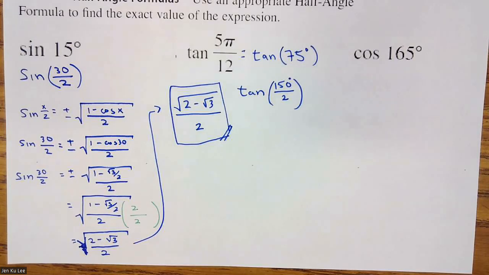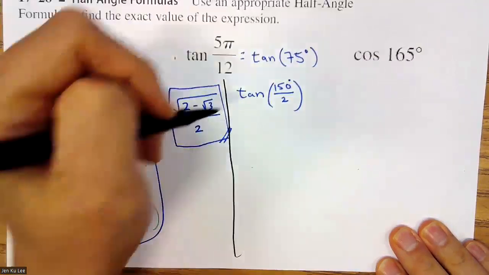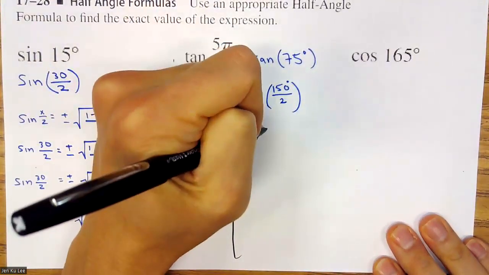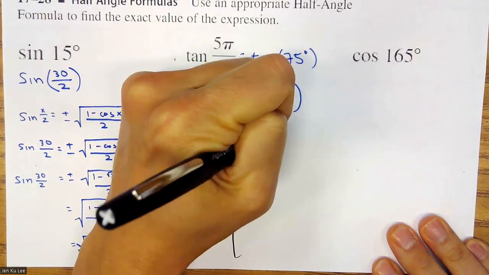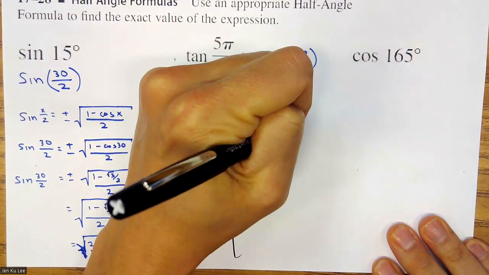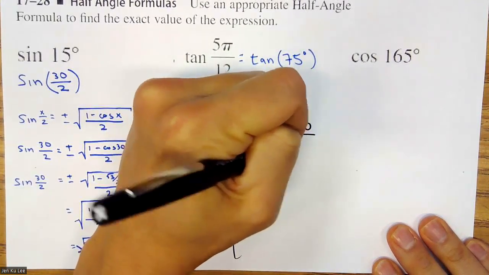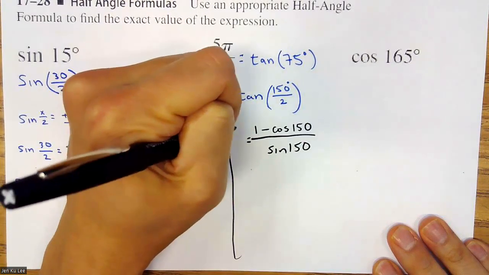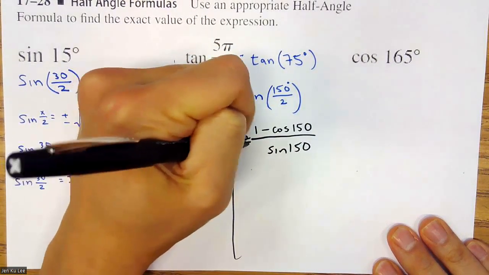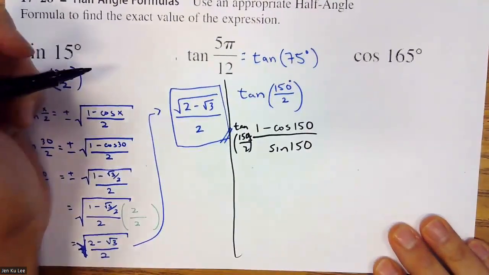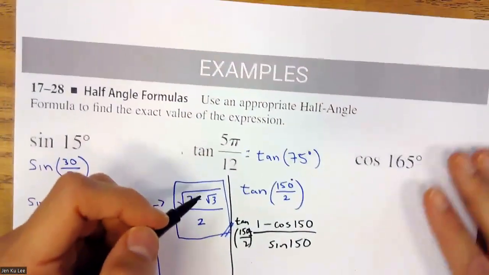So then if I use the tangent formula for half angle, I'm going to use the 1 minus cosine of 150 over sine of 150. That's the tangent of 150 divided by 2. So what is the cosine and the sine of 150?